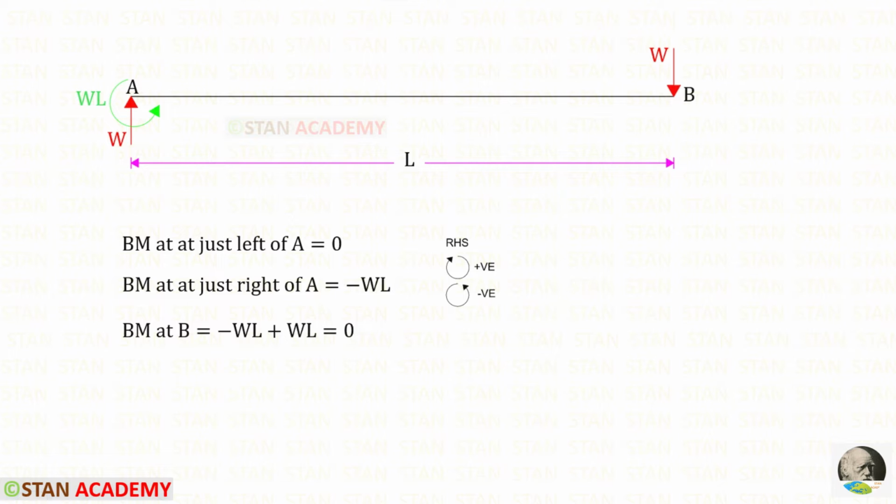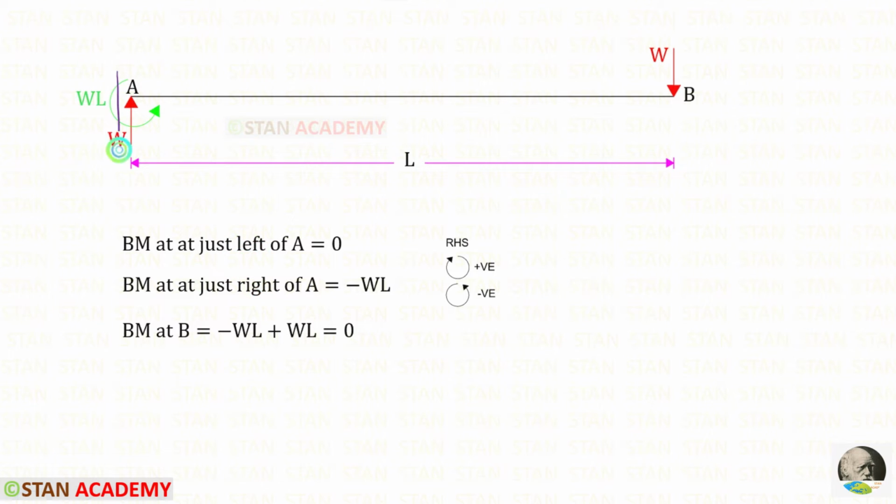Now we are going to find the bending moment values. I'm going to find them from the point A towards the point B. In this case, we have to follow the right hand side rule. Clockwise will be positive and anti-clockwise will be negative. At the point A, we have a moment Ma. If a moment comes, we have to find the bending moment at a point two times, at just left and at just right.